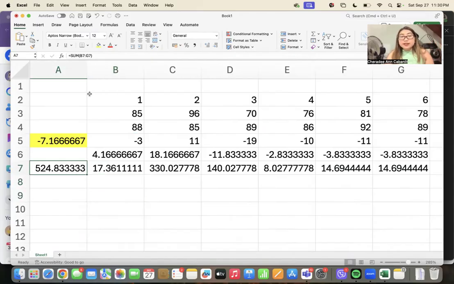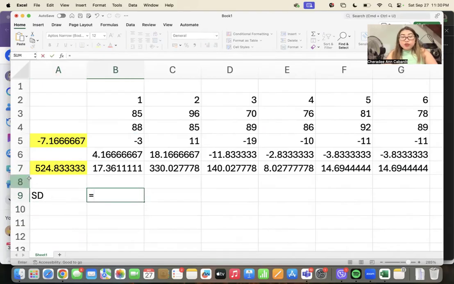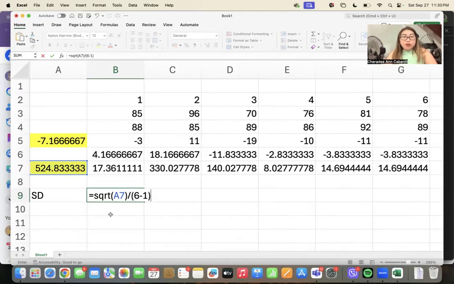So, therefore, to get the SD, it is the square root of your sum values over n minus 1, which is 6 minus 1, or divided by 5. Square root of all the quantity.